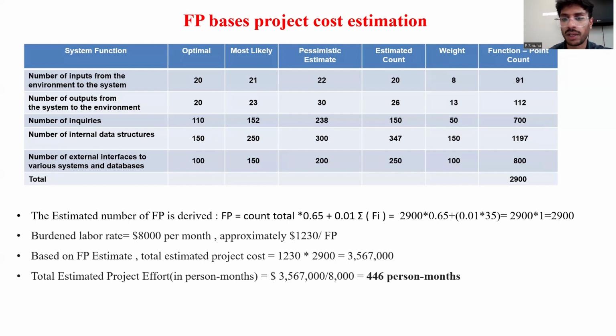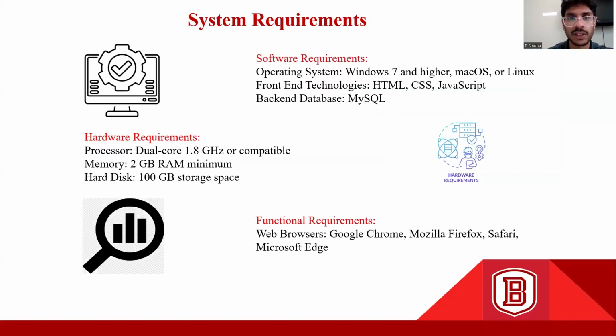And we have the formula to find the total number of estimated function points. In this, we got the cost of around 3.3 million, which is around 3.5 million, sorry. And the estimated project effort is 446 person months.